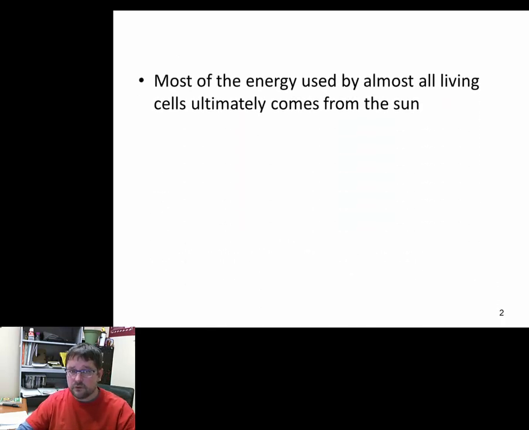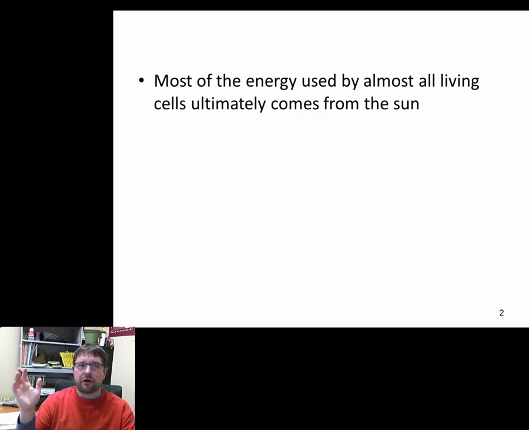When we talk about photosynthesis, and we've already discussed this a few times in lecture, the majority of the energy that organisms on this planet run on is coming from photons. It's coming from sunlight.